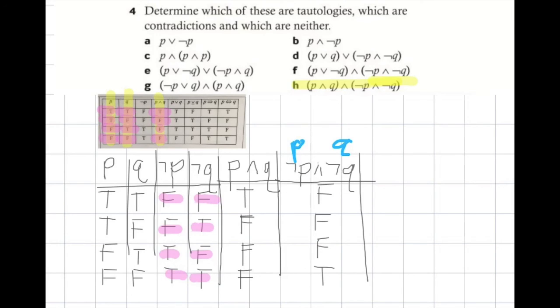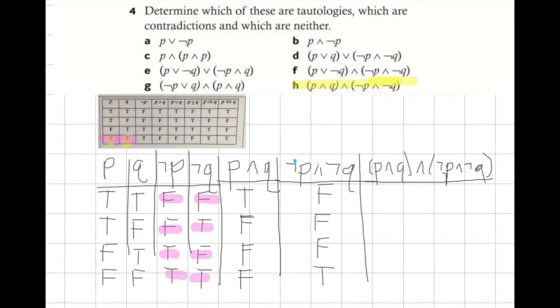Okay. And now we will combine these statements together. So P and Q, and not P and not Q. Okay. So now we're still looking at the AND column.